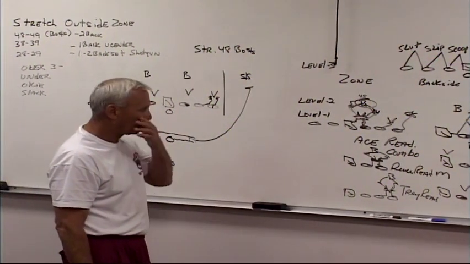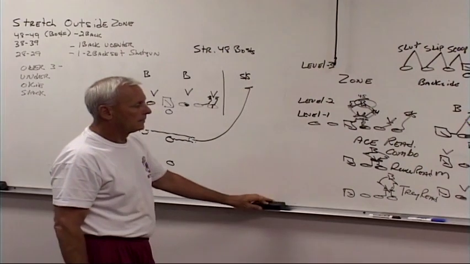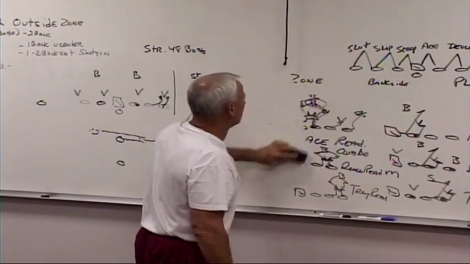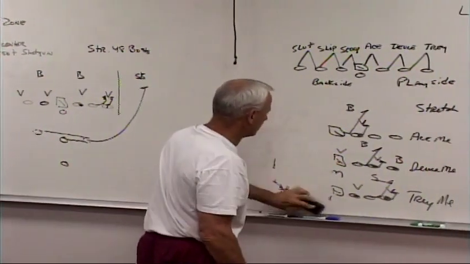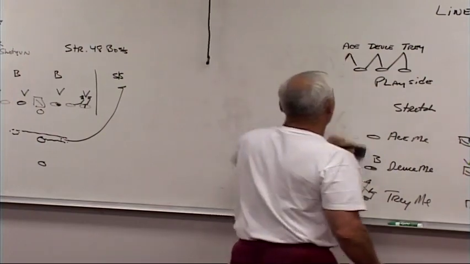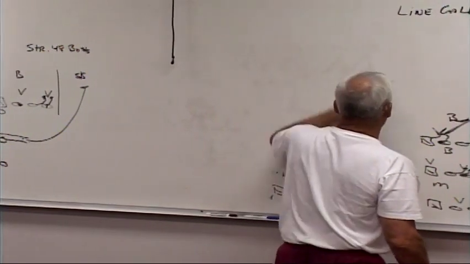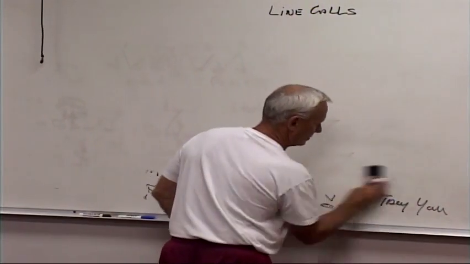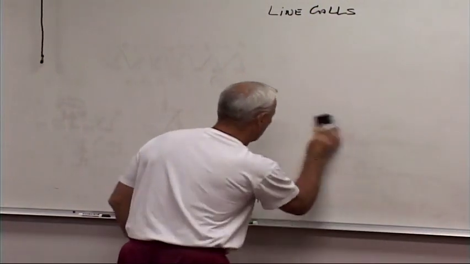Do not worry about the linebacker. All right. So those are the main things on the play side that we have on the stretch and the zone play side. We'll get into our gap schemes here in just a minute on our calls.